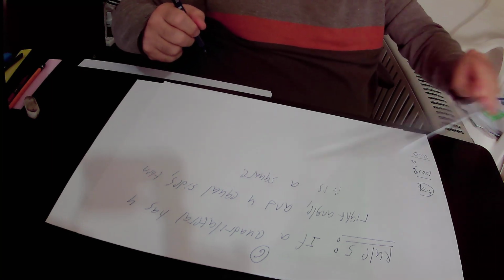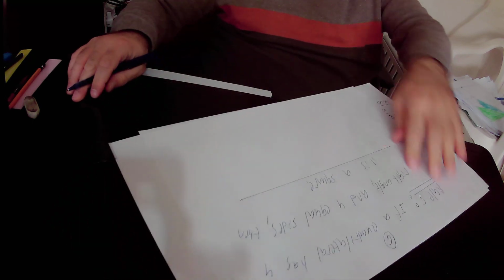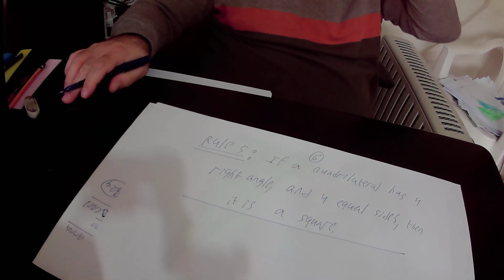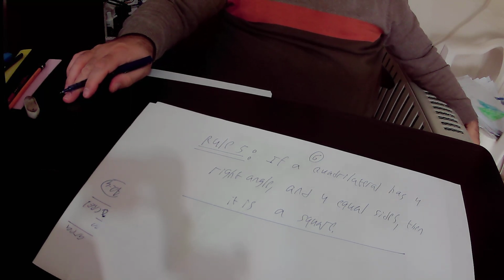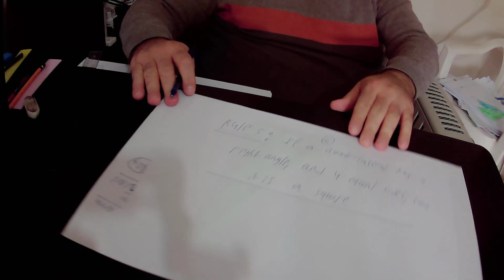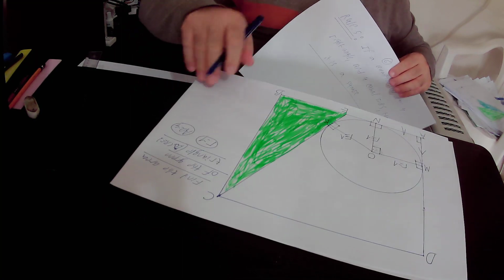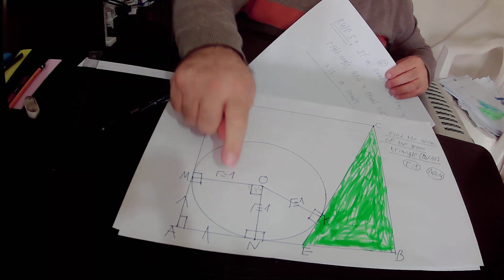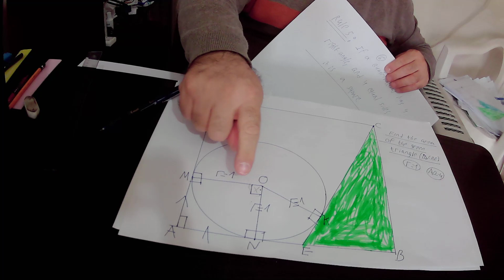So I will repeat rule number 5 again. According to rule number 5, if a quadrilateral has 4 right angles and 4 equal sides, then it is a square. And as I already showed you, quadrilateral MOAN has 4 equal sides and 4 right angles.